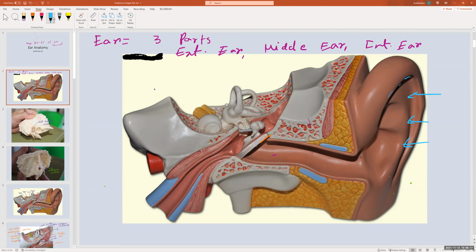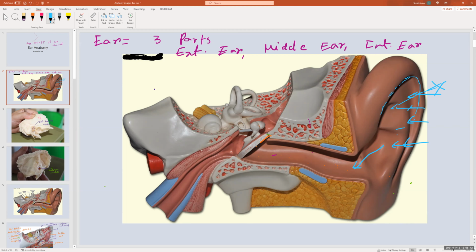It's kind of folded. And that's what allows sound wave, when it hits any part of the auricle, the only possible destination is to be deflected here. Can't escape. This bent, folded rim basically stops the sound wave from reflecting back. It's only one way, into the external auditory canal.